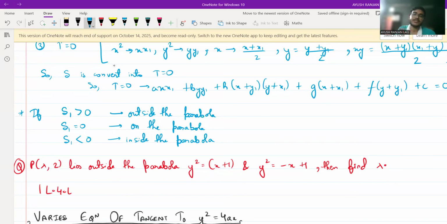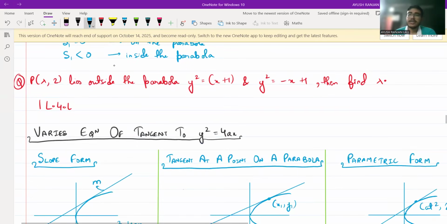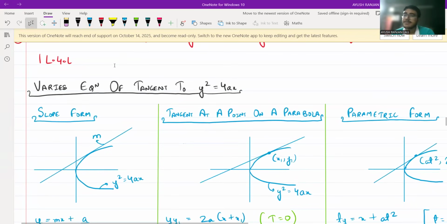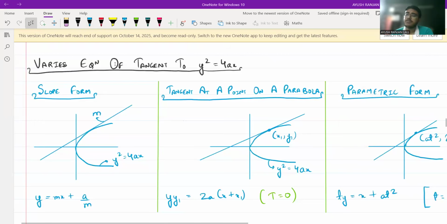Next, there is a best question on this example. So next, various types of tangents we have gone through. First is the slope form. We have seen the slope form in circles also. In circles, if we want to write the equation using slope, what should we do?